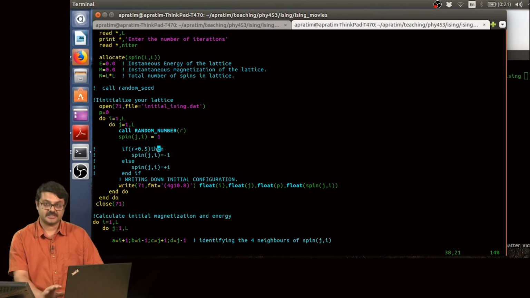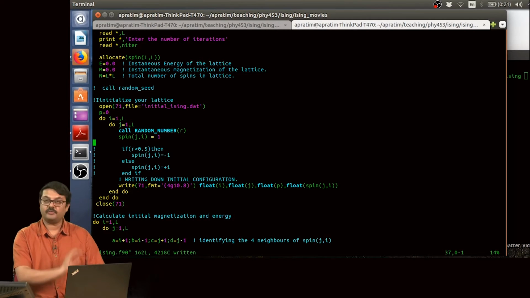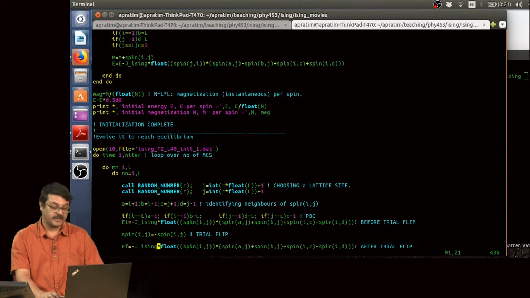The random configuration initial condition has been switched off, which is in these lines, and let us see how we go about running the code at temperature 2, box size of L equal to 40, and initial configuration where all spins are pointing up. All the data, which is the number of Monte Carlo steps, the energy of each microstate and the magnetization per spin at each microstate, will be saved in this file.